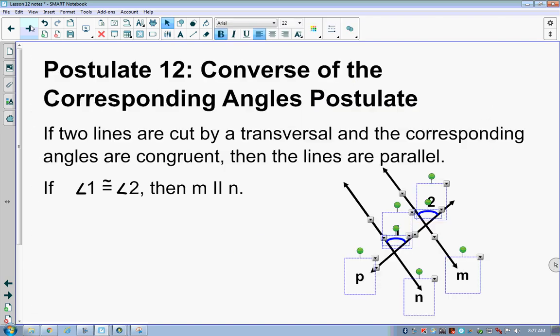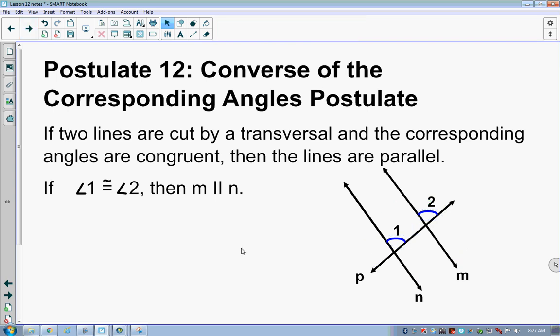The next one up on the list is the converse of the corresponding angles postulate. This is one that we've already talked about, from the previous page. The converse of postulate 11 is the converse of the corresponding angles postulate. If two lines are cut by a transversal and the corresponding angles are congruent, then the lines are parallel.